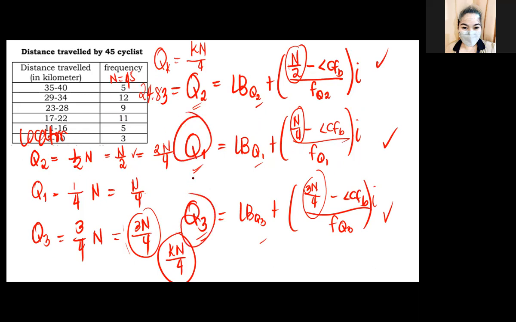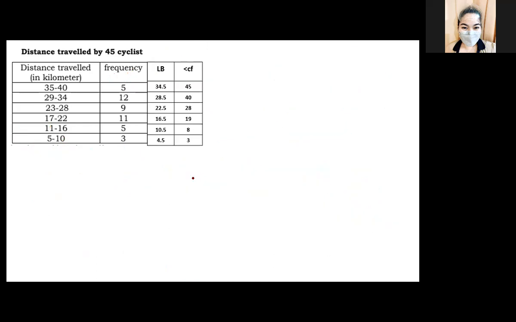So kunin muna natin yung Q sub 1 at Q sub 3. Dito tayo kay Q sub 1. So para malocate natin si Q sub 1, that is n divided by 4. Yan yung locator niya. Ang n natin ay 45. Capital letter dapat. At yung I natin ay 6.